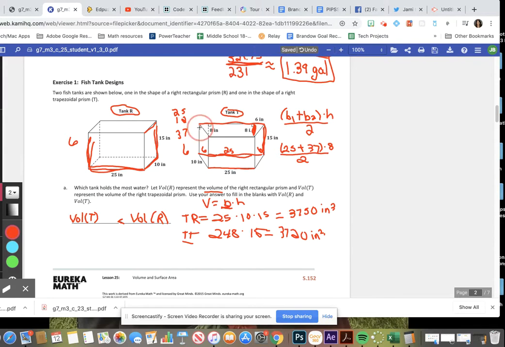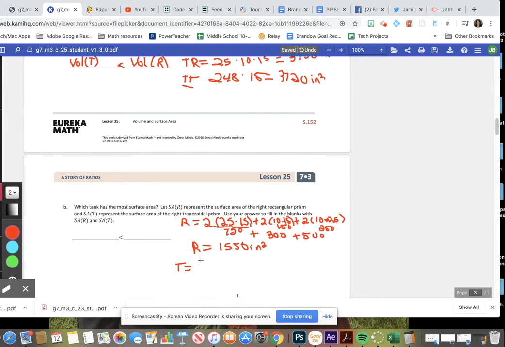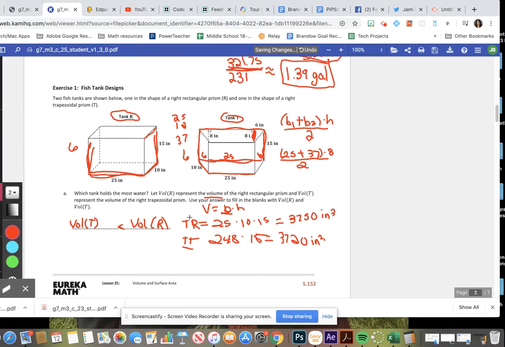T, let's do left and right first. The left is 15 by 10, and there's 2 of those, left and right, so 15 times 10 plus, there's going to be 2 of the top and bottom. They're the same trapezoid shape.